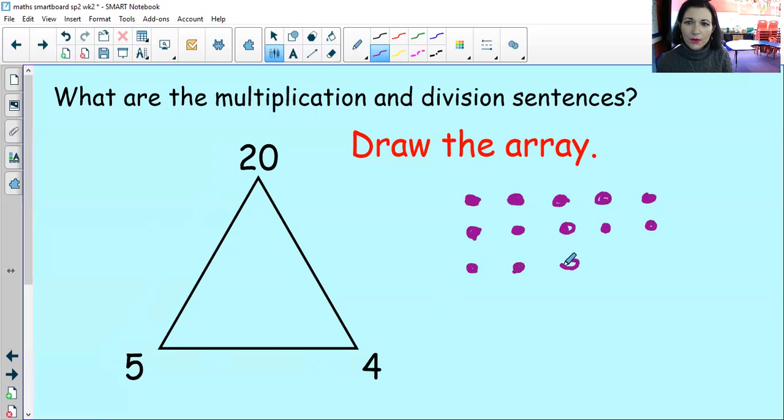And again, 5 in each group, until I've got 1, 2, 3, 4 groups of 5. And then this way I can see that I've got 1, 2, 3, 4, 5 groups of 4. So 5 multiplied by 4. So 4 groups of 5 is 20.